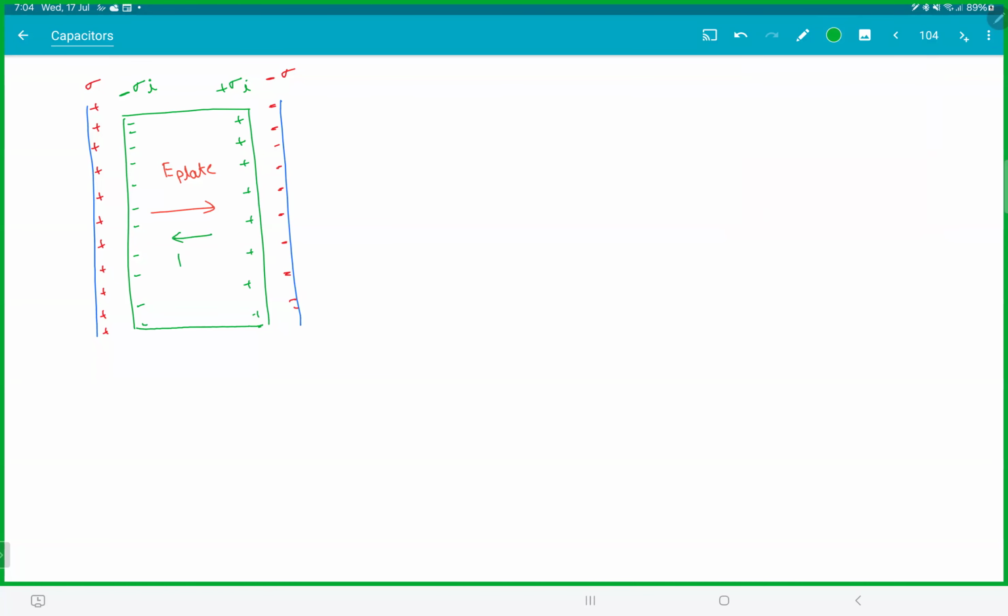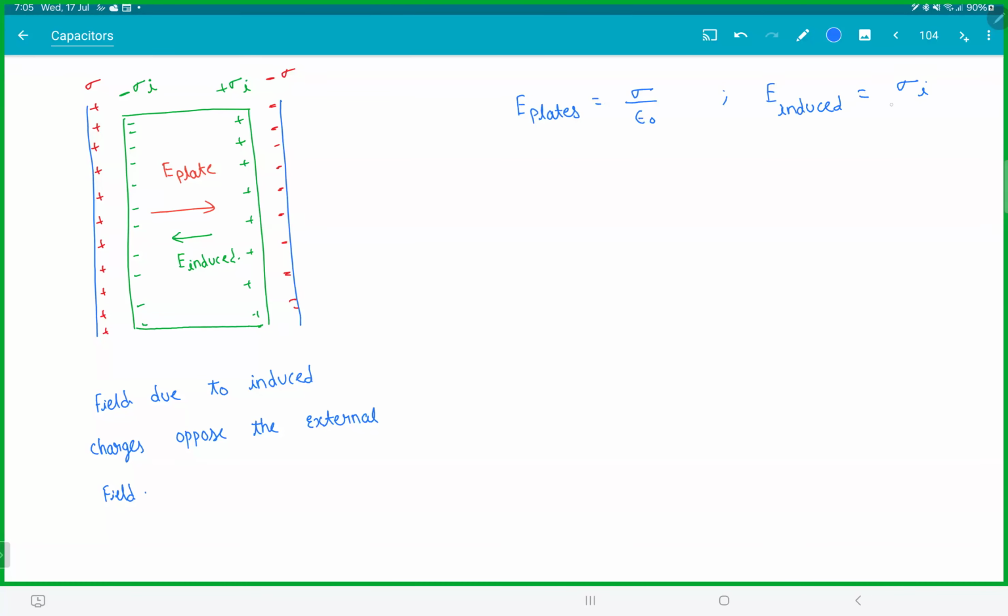The second one is the E induced. The field due to the plates would be sigma by epsilon, there are two of them, whereas the field due to the induced charges would be sigma induced by epsilon.